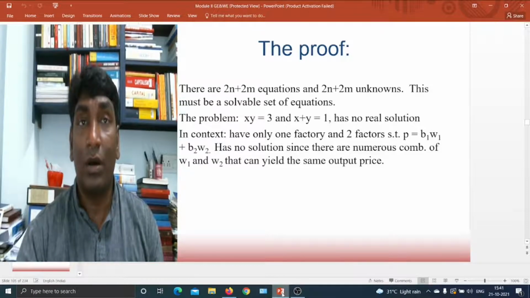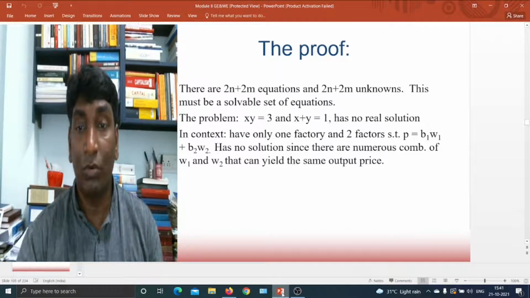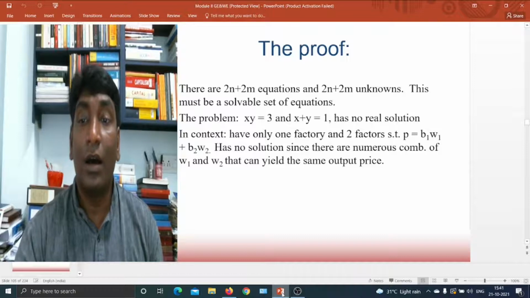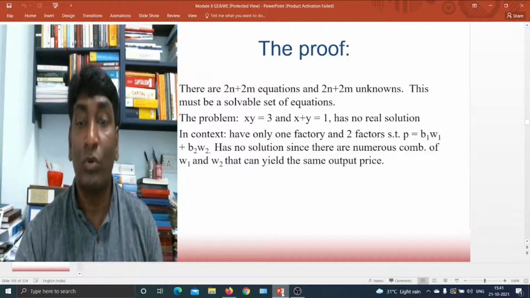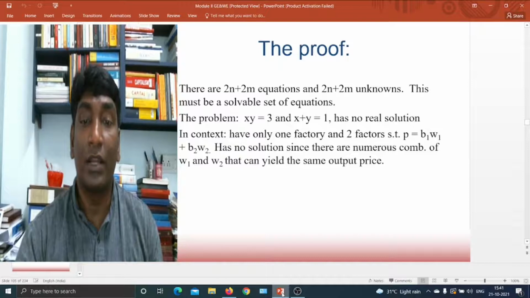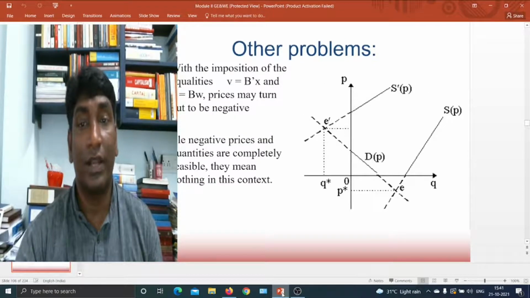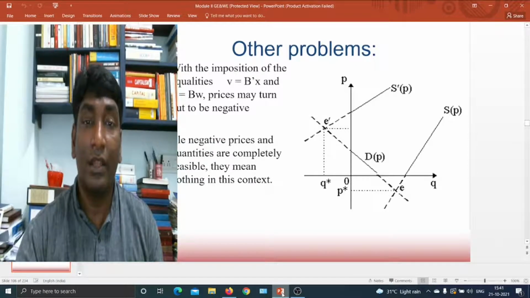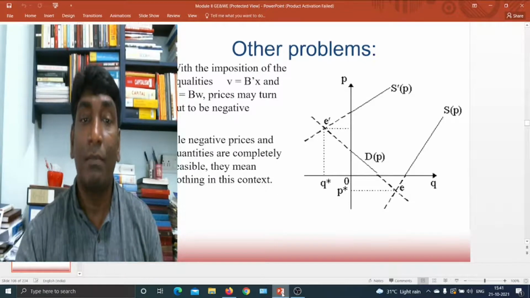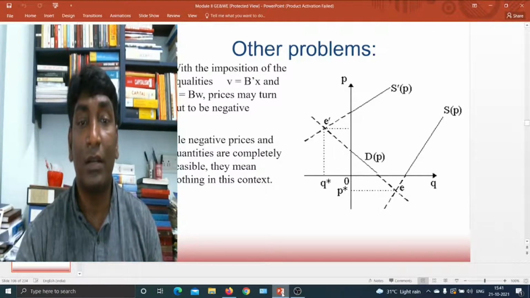The problem x plus y equal to 3 and x plus y equal to 1 has no real solution in that case. In the context where I have only one output and two factors, such that p is equal to b1w1 plus b2w2, there is no unique solution, since there are numerous combinations of w1 and w2 that can yield the same output price. That is the kind of proof in this context. With the imposition of equalities, which is equal to b dash x and p is equal to wb, prices may turn out to be negative.